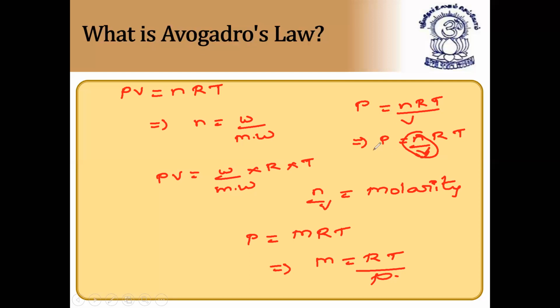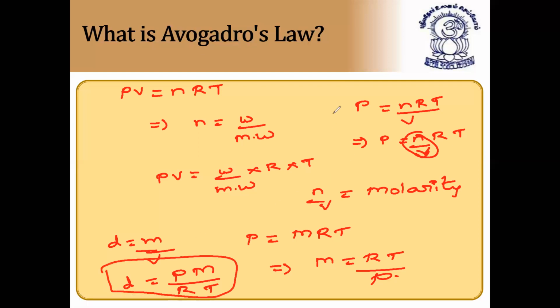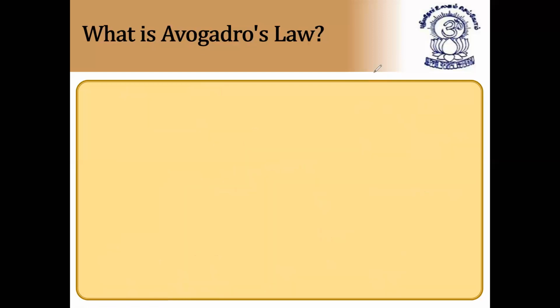Even from the ideal gas equation, density is equal to mass by volume. So we can take density D is equal to PM by RT, where M is the molecular weight. I'll show you this also.